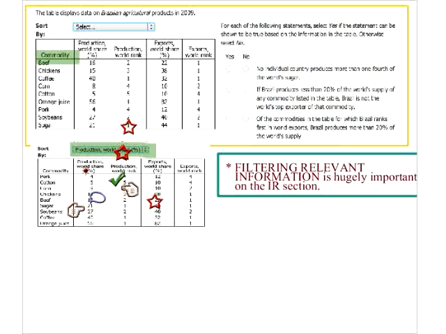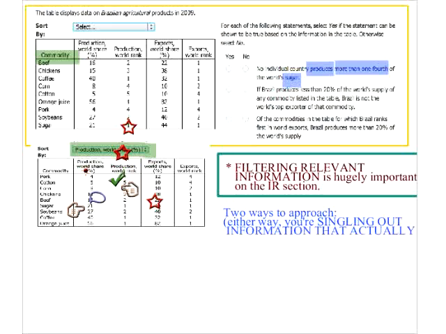So this is a question about a fraction of production, and it's a fraction about sugar. So there's really 2 ways that you could approach this. But in either way, you're singling out information that actually matters.